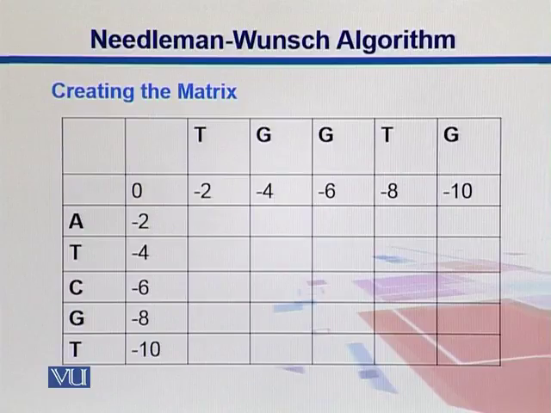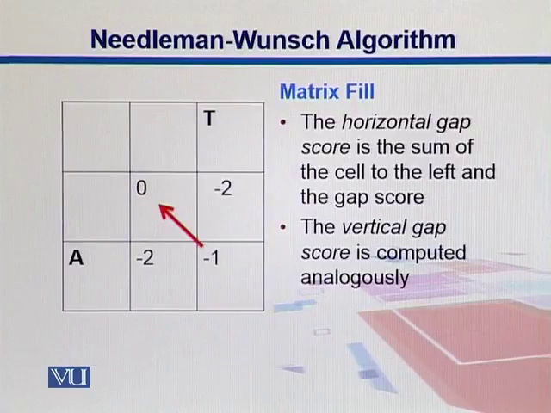Now we start from here, A and T. We see that both of them mismatch, and the score of the mismatch is -1. This will add to the previous score. Either we come from the top, where we can add this -2. In that case our score will be -2 plus -1, which is equal to -3.